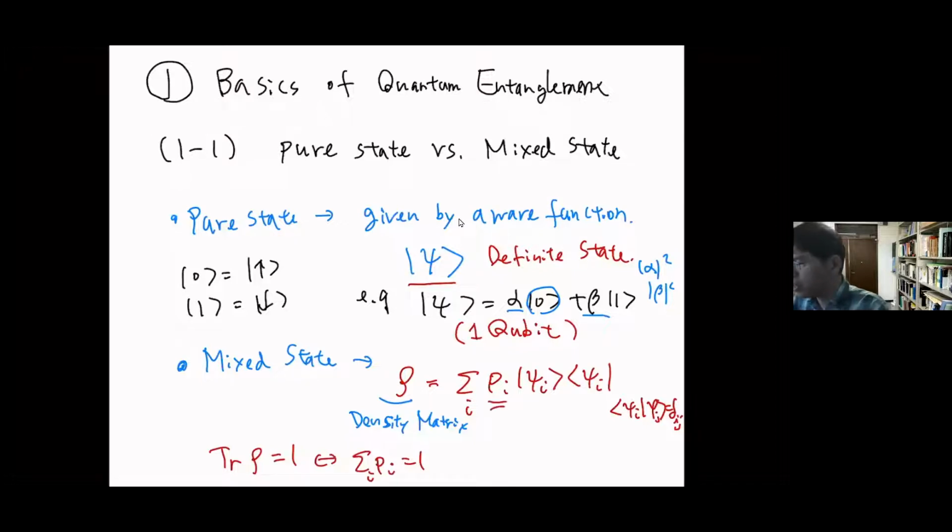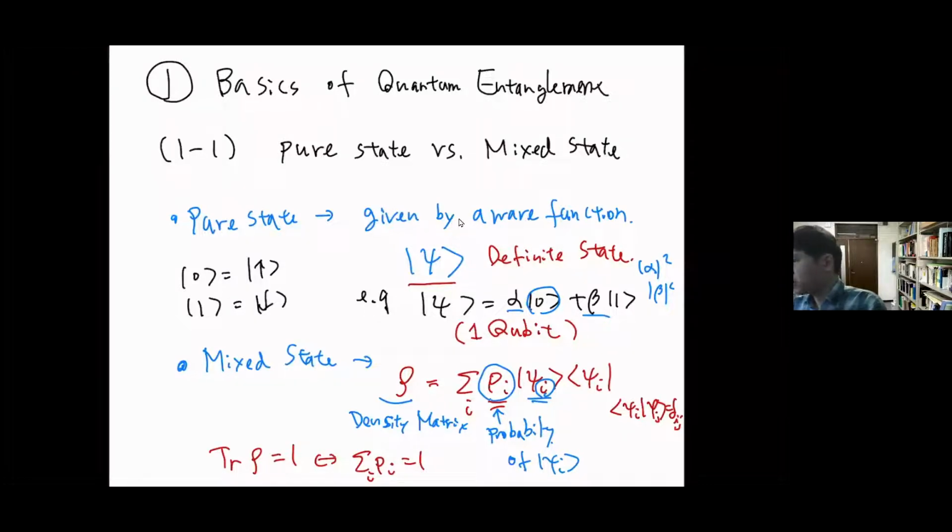This is a probability. So we have many pure states, definite states labeled by i, and each psi_i is realized with probability p_i. This is a mixed state. In general, this kind of superposition is a mixed state, and this is an ambiguous state.